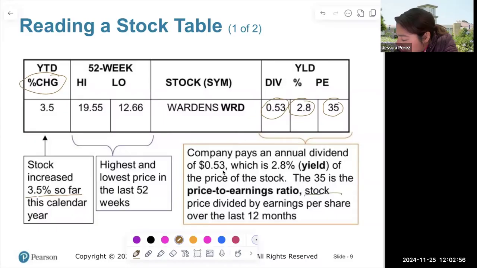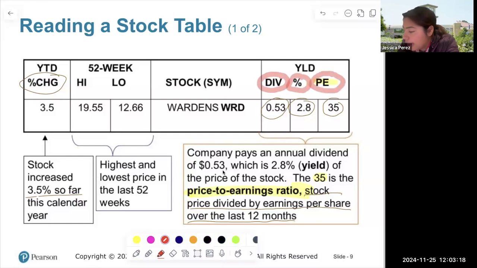The stock price is divided by the earnings per share over the last 12 months. PE is the price to earnings ratio. That's the 35. There's the dividend, the percentage, and the price to earnings ratio.